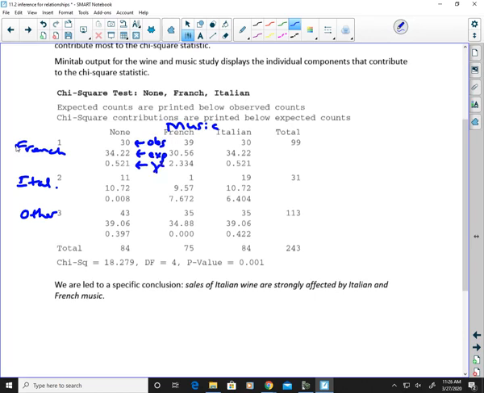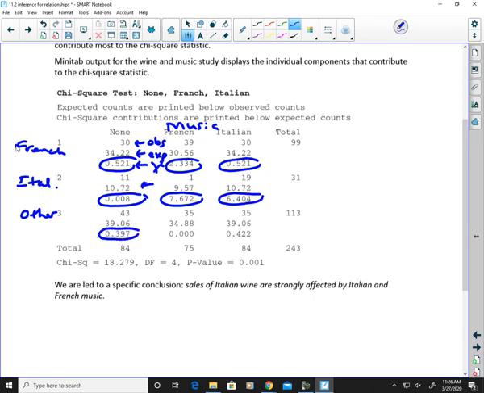So if you look on here, we actually see these chi-squared contributions for each of the types of wine. The one I'm circling now, the Italian wine purchases with no music, has a slight rounding difference just because they used a more rounded number. It's effectively 0, that one I had times 10 to the negative 4.